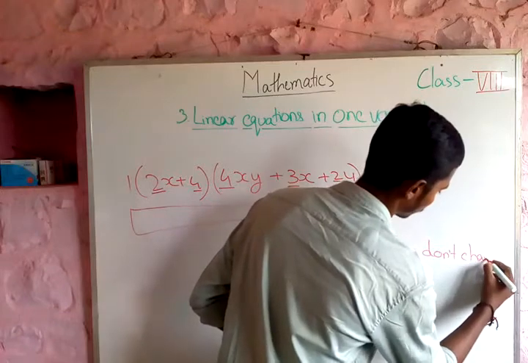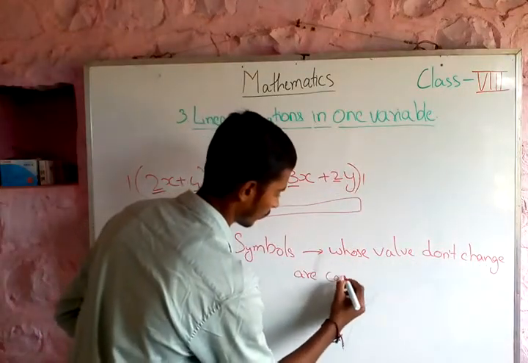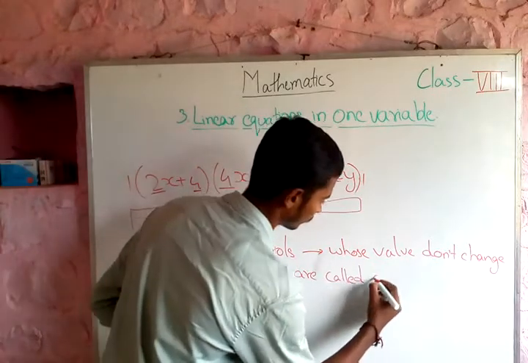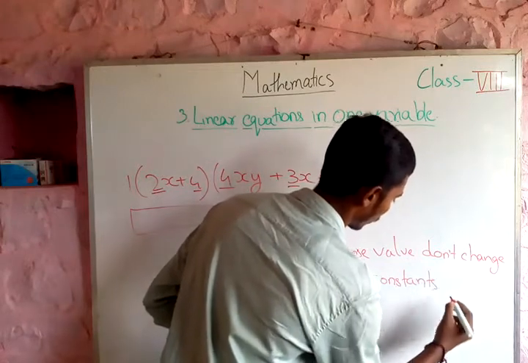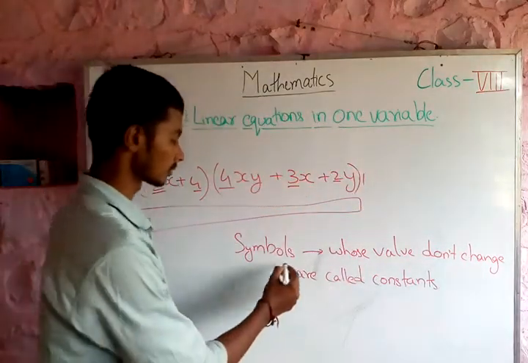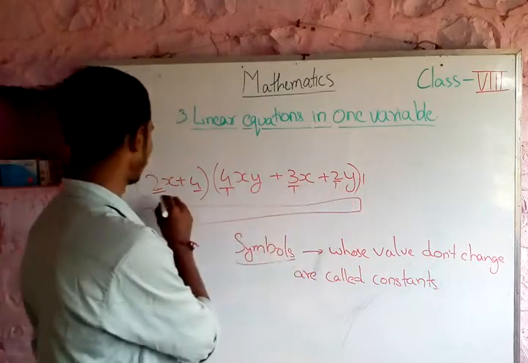Here I am saying symbols, but this 4, 3, 2, they are numbers.